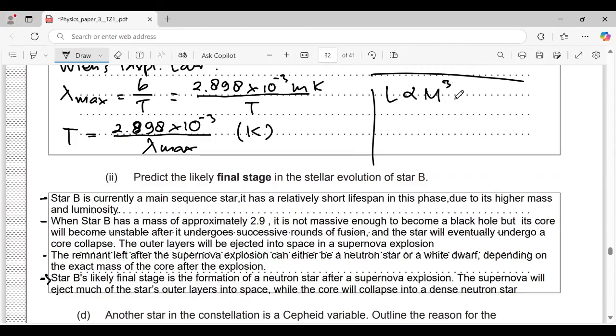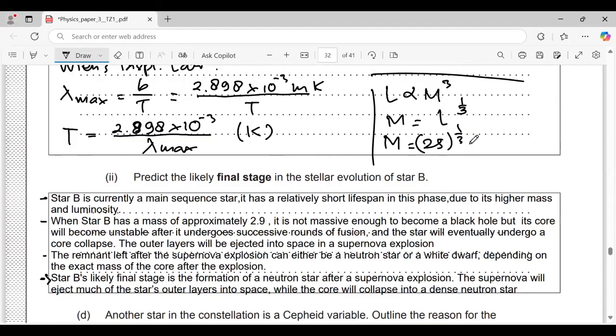Mass of the star cubed, or mass equals L to the power one third. According to the information in this problem, L equals 25, so M equals 25 to the power one third.